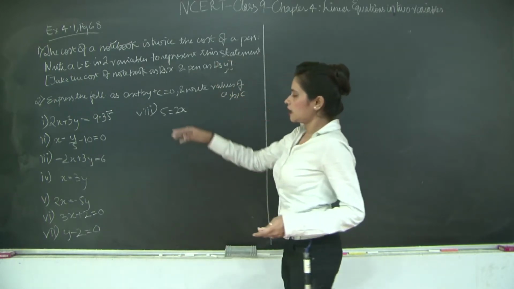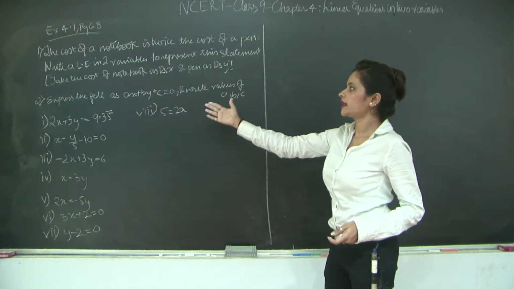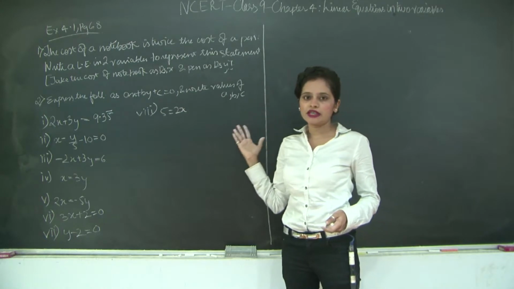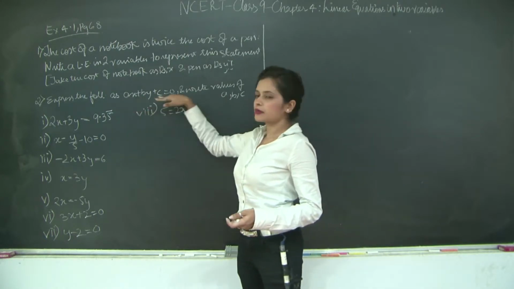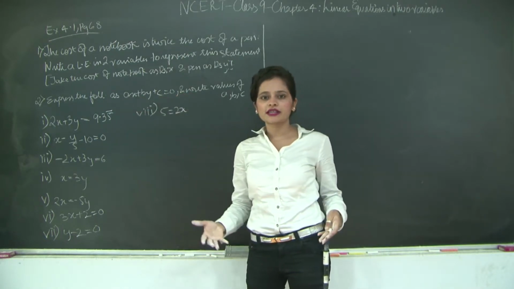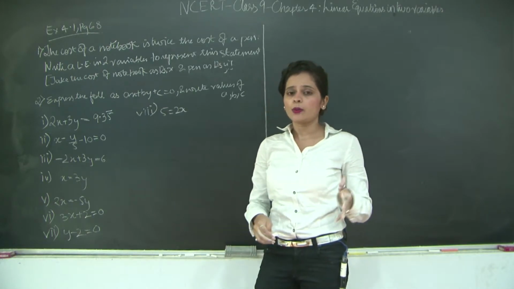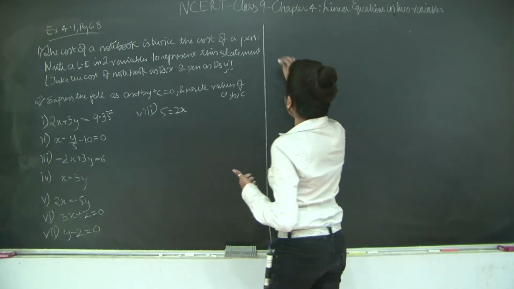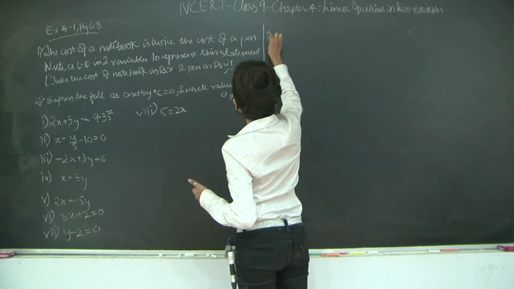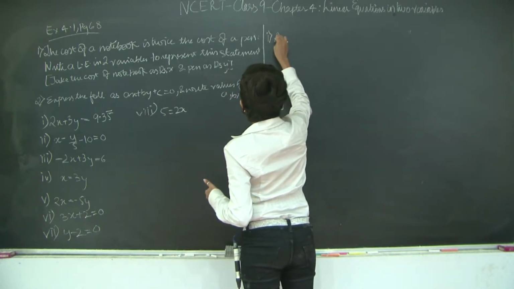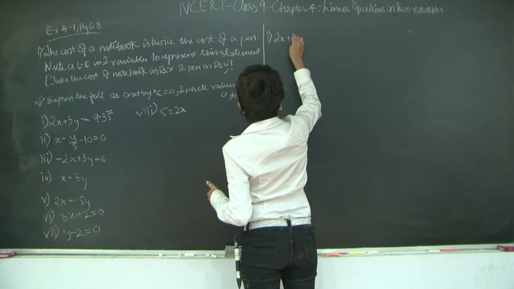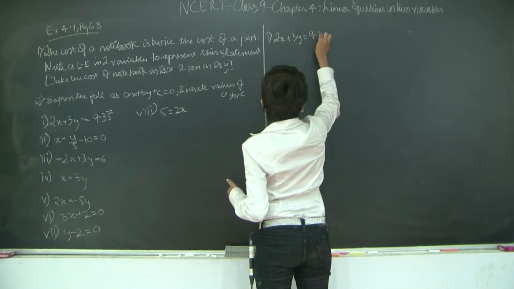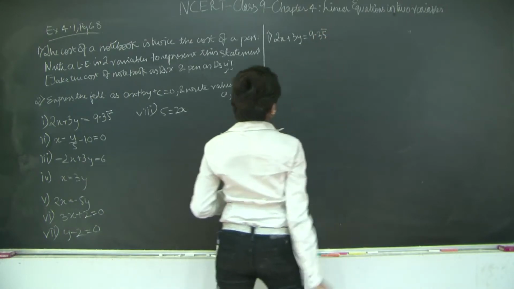So first, let us read it out. Express the following as ax plus by plus c is equal to 0 and write the values of a, b and c. So what is ax plus by plus c is equal to 0? It is a general representation of your equation in two variables where a and b cannot be 0. So the first one, 2x plus 3y is equal to 9.35 bar.